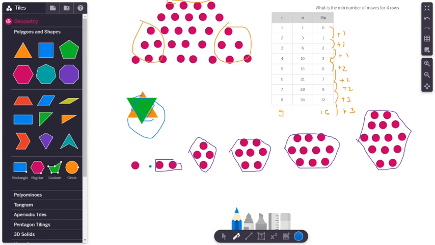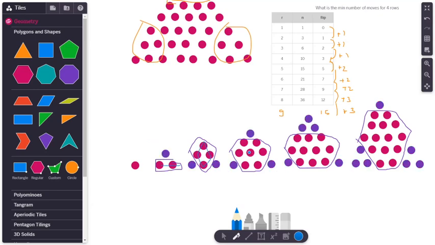And now find the case such that this move is minimized. This was what I was trying to do. I think there is more to this problem than this. So I'll just draw this.